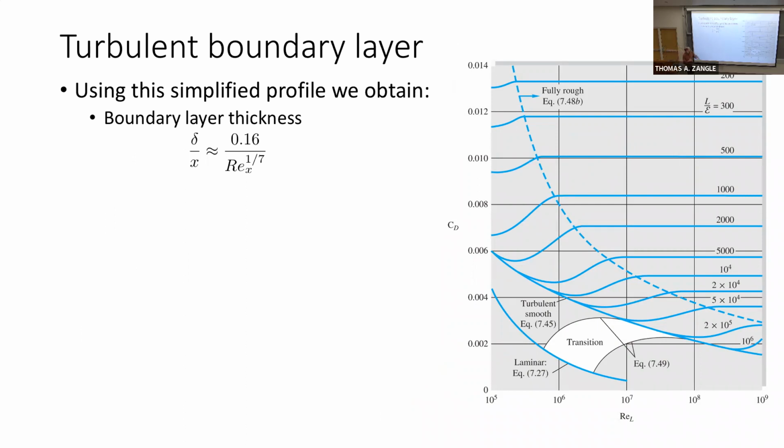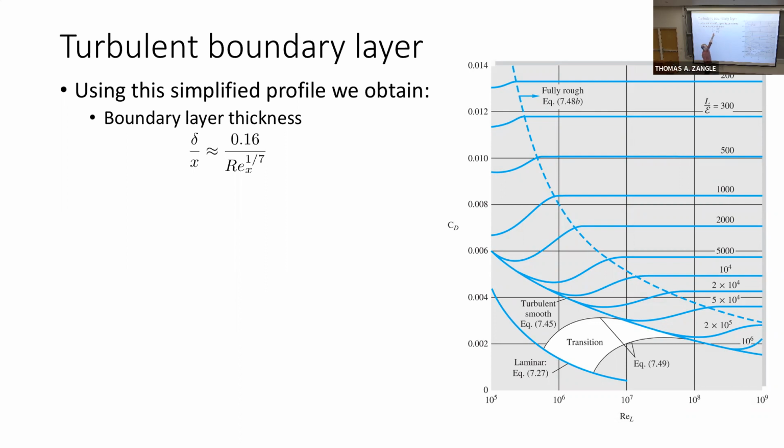So using this simplified profile, we can go through and evaluate all of the expressions that we did for the laminar profile and develop expressions for all the parameters that we care about for the turbulent boundary layer over a flat plate.